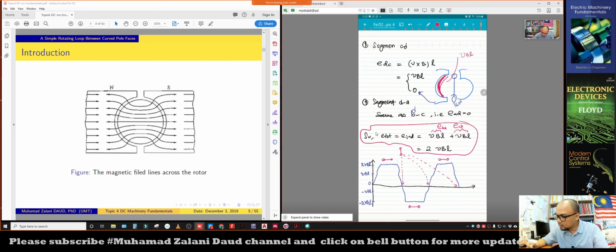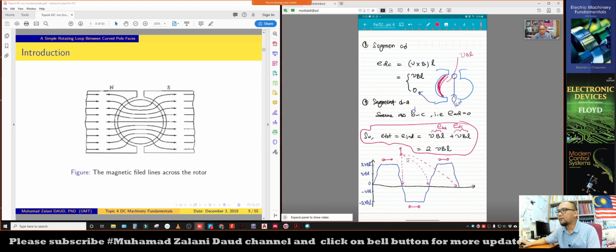Sorry, AB, BC, CD. Okay, EDC, right? So the vectors are in the same direction for these two, instantaneously, and then we can sum up these two induced voltages. All right, so it becomes 2 VBL. Okay, 2 VBL.